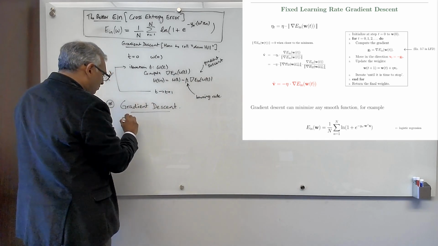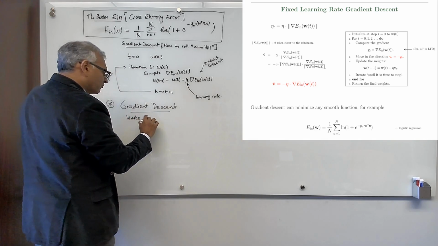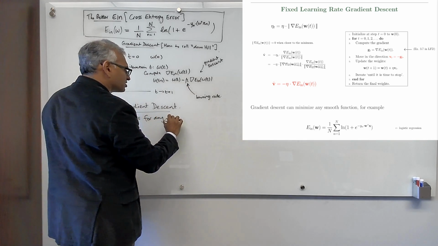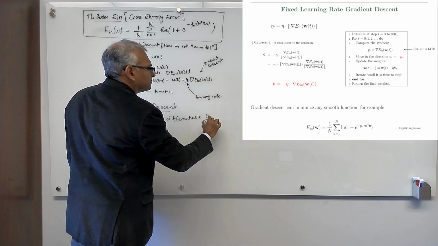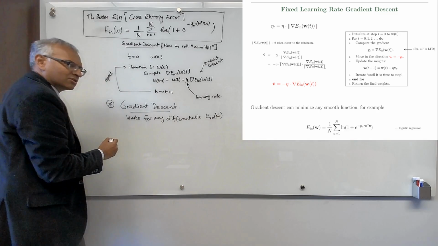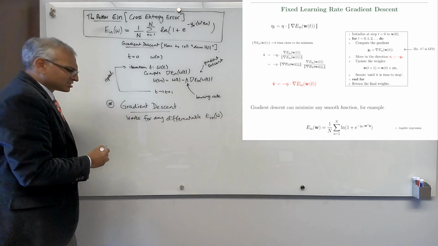So gradient descent works for any differentiable E in of W. And our E in of W was a very specific ensemble error.